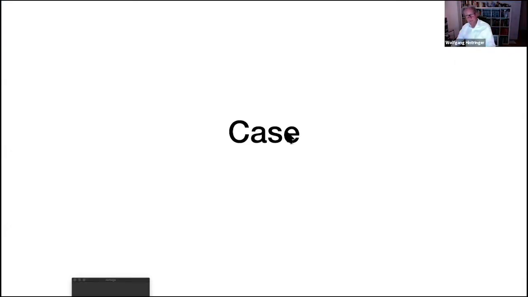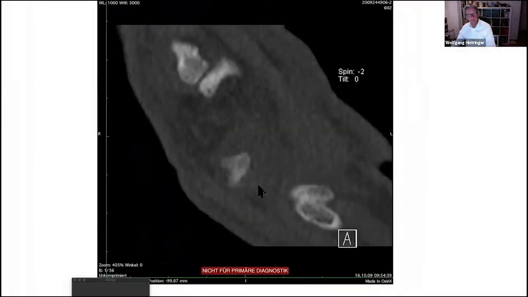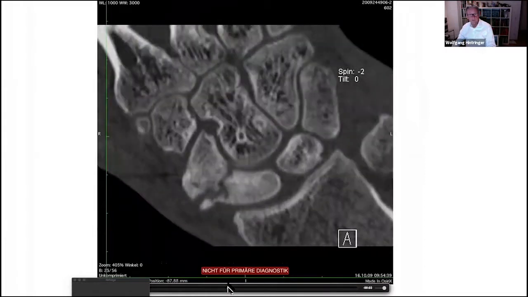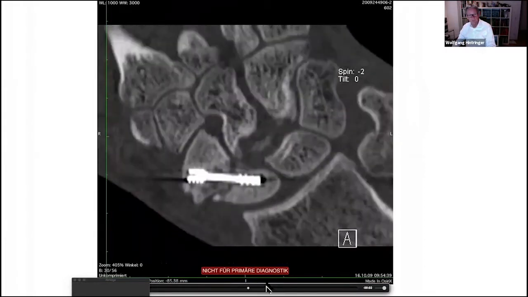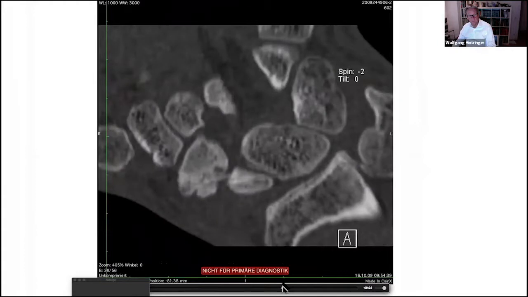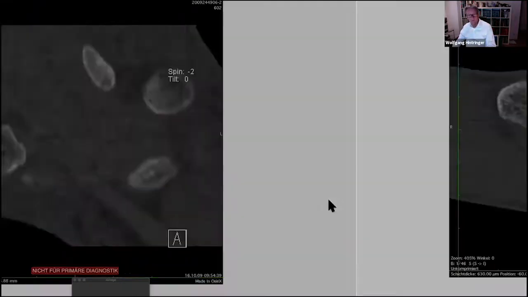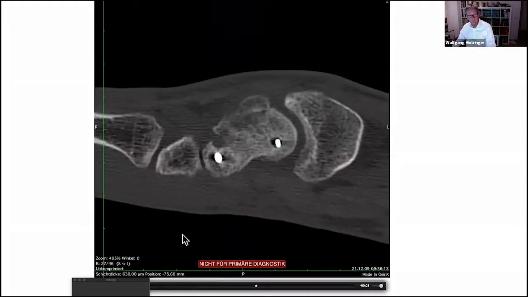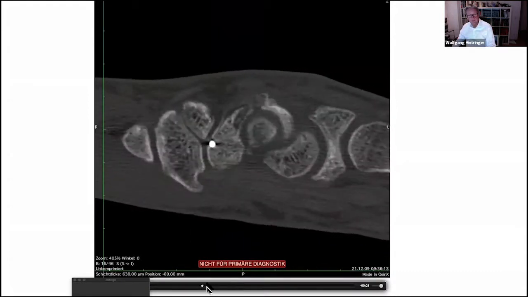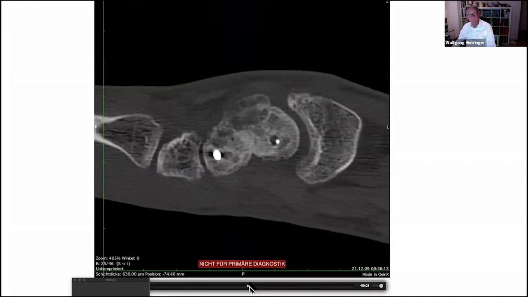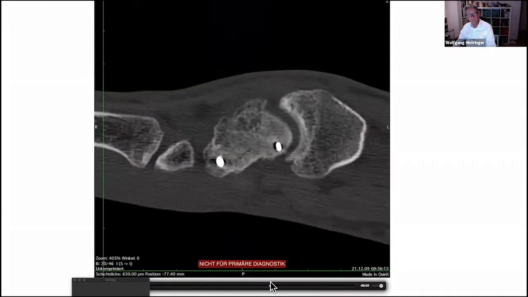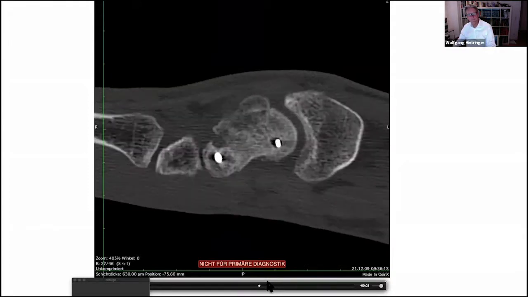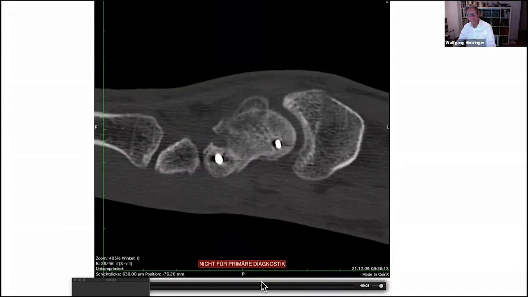Which is interesting maybe, because you see here the non-union with the screw inside. It is like one of the other cases. In the next, we see here it was plated with a cancellous bone graft, and it healed with the plate. But what you see is the dorsal hump.